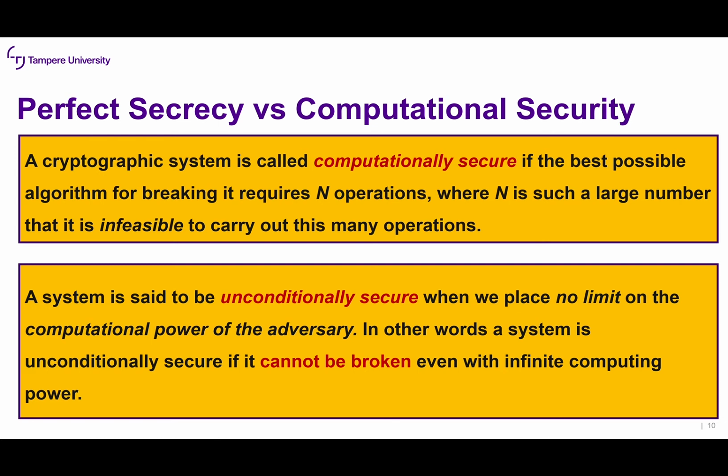Hence, no matter what algorithmic improvements are made or what kind of improvements in computing technology occur, such a system will never be broken. Other names for unconditional security that you can find in the literature are perfect security or information theoretic security.